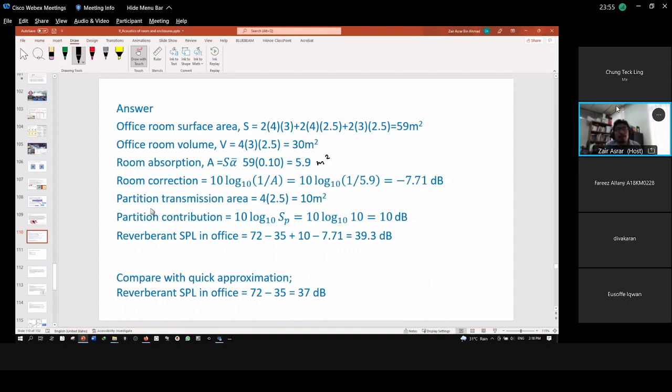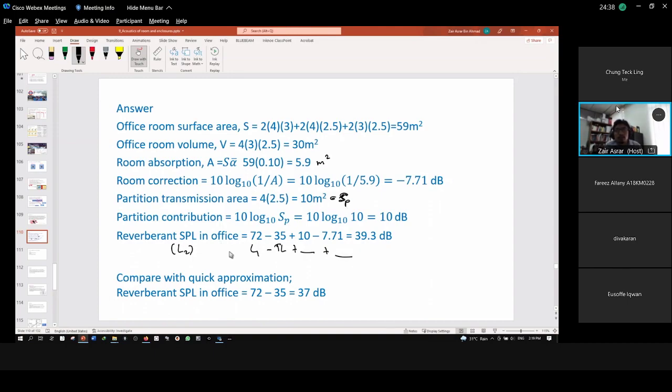And then we have the partition area equal to 4 times 2.5, which is equal to 10 meters squared. This is our SP previously. So the contribution of the noise transmitted by the partition is equal to 10 log10 SP, which equals 10 dB. So the sound pressure level, L2, in the office is equal to L1 minus the transmission loss plus the partition contribution plus the room correction.